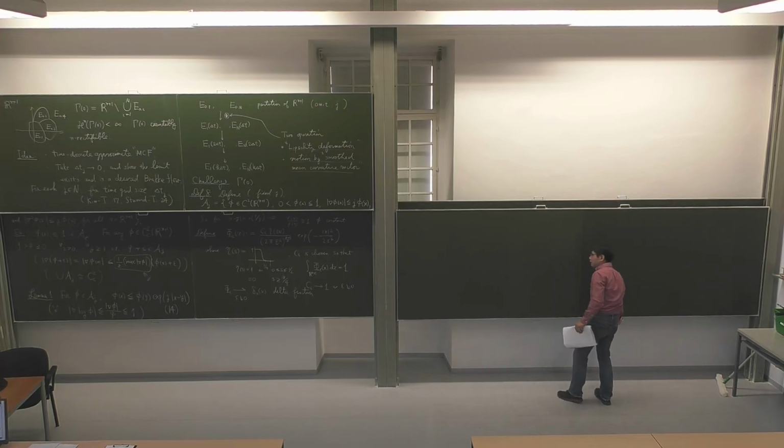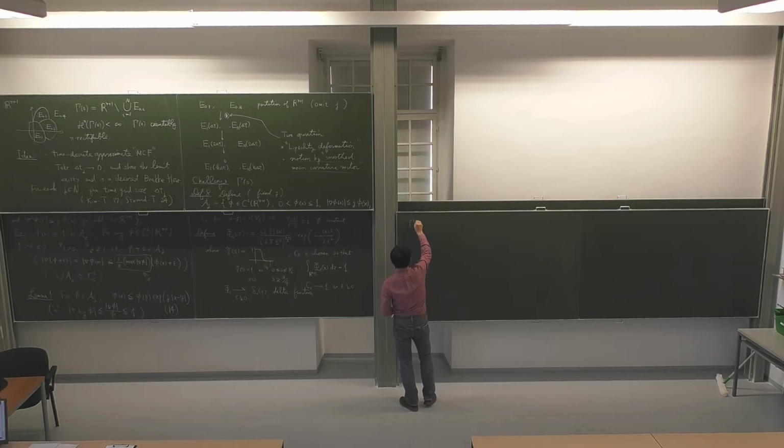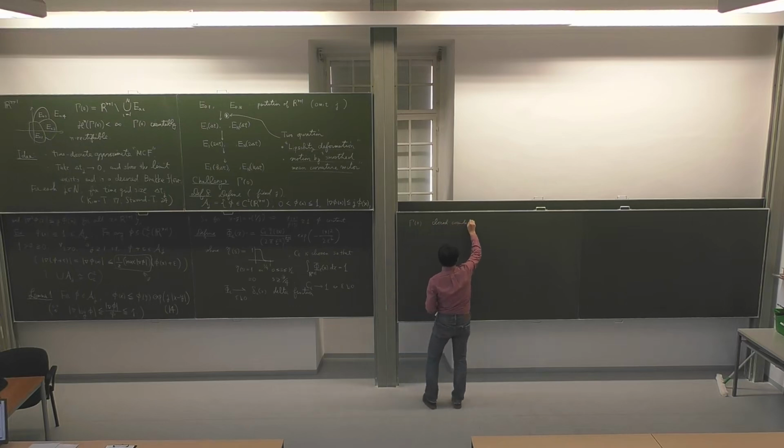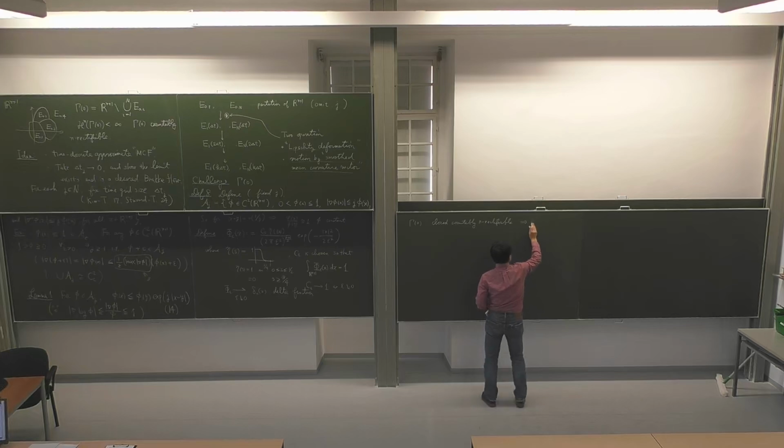First, we would be having this gamma 0, which is closed and rectifiable. Let's just denote this by gamma.